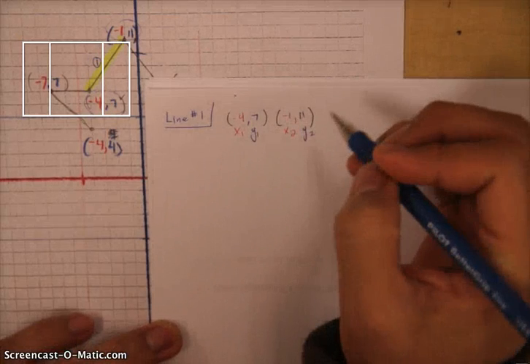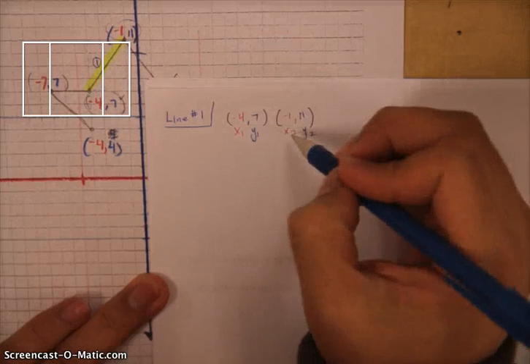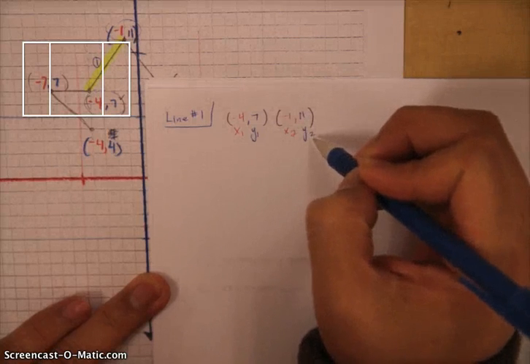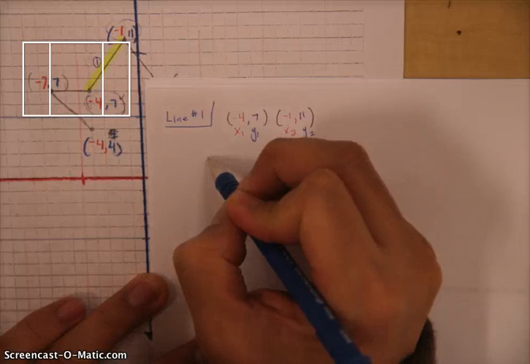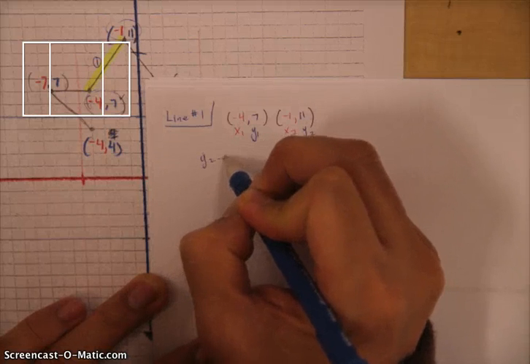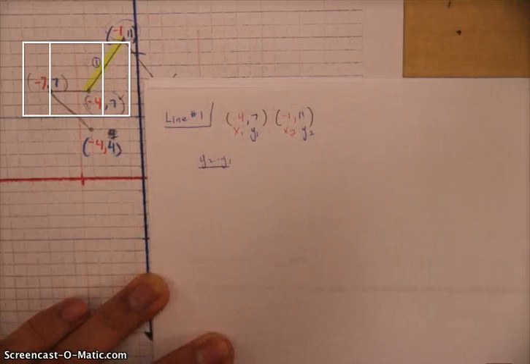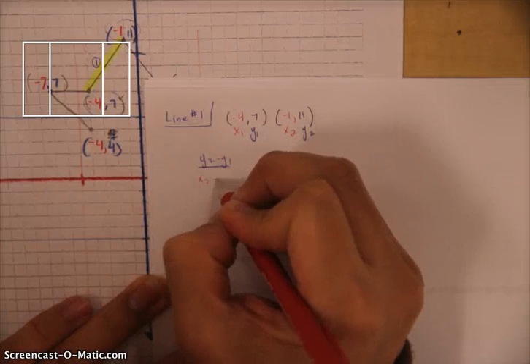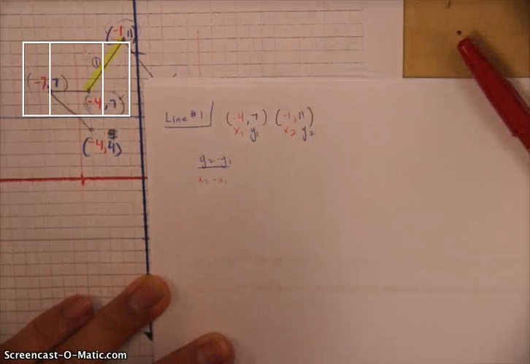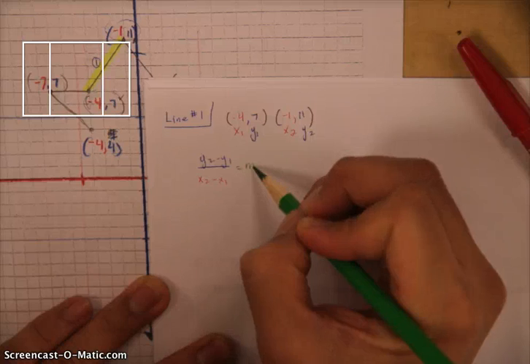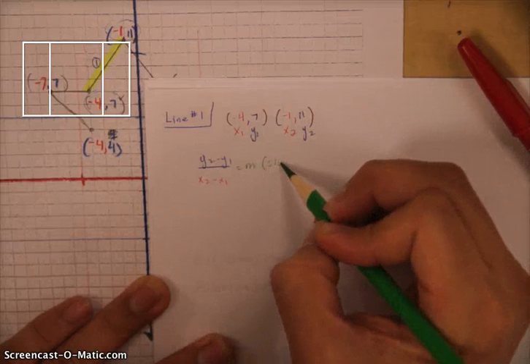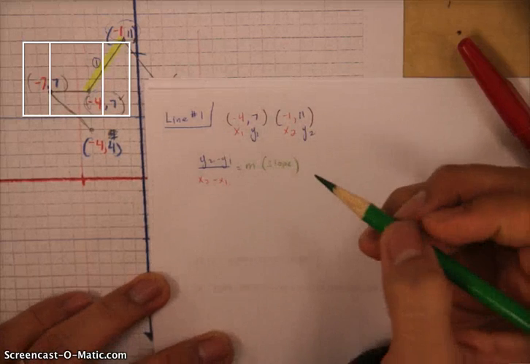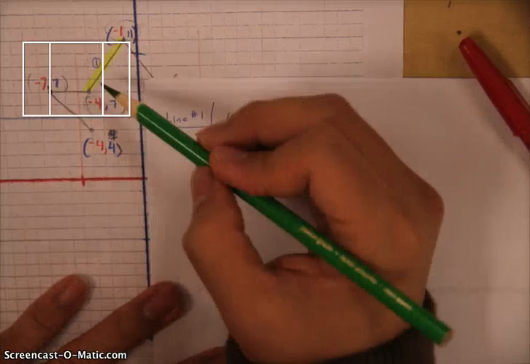I only use the y1, x2, x1 and y2 if I'm finding the slope, which you can find using y2 minus y1 over x2 minus x1, and that will give you your m value, also known as your slope. I don't need to do that if I have a graph.